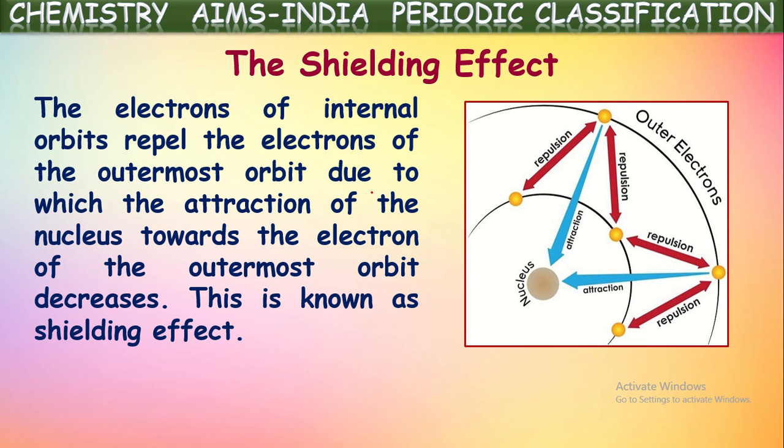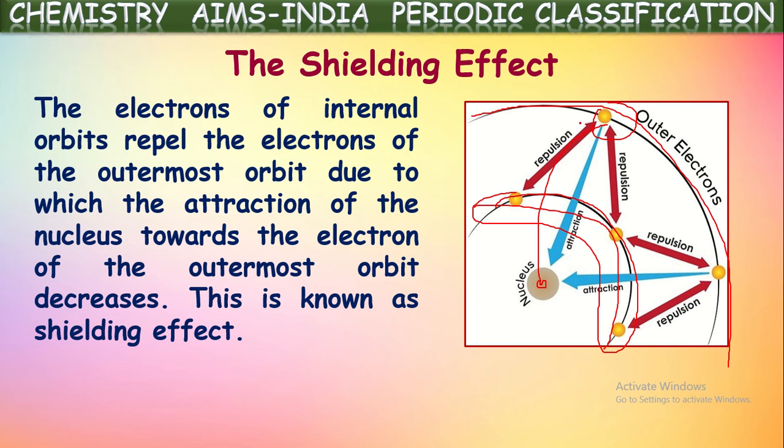If you observe this atom, this is the nucleus, this is the outermost orbit or outermost electrons, and these are internal electrons. These internal electrons repel the outermost electrons, so that the nuclear force of attraction on these outer electrons decreases. This repulsion of the inner electrons on the outer electrons is called the shielding effect.